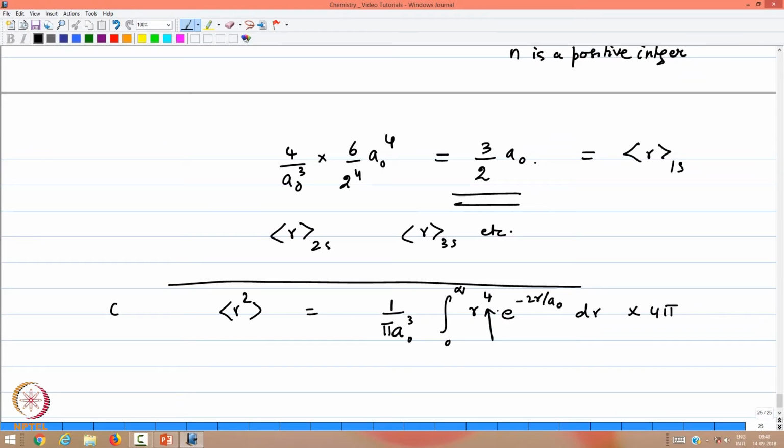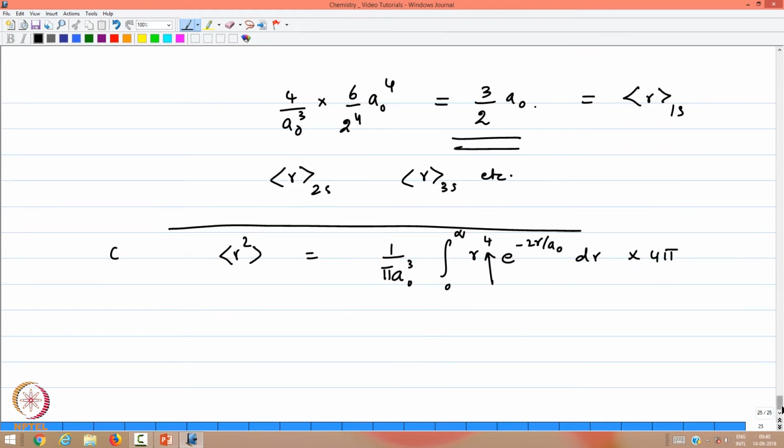This 4 is because you have r square dr as part of the integral, the radial element. Therefore, this is also fairly straightforward. You can write this as 4 by a naught cube into 4 factorial, which is 24, divided by 2 raised to 5 a naught raised to 5, which gives you 3 a naught square.